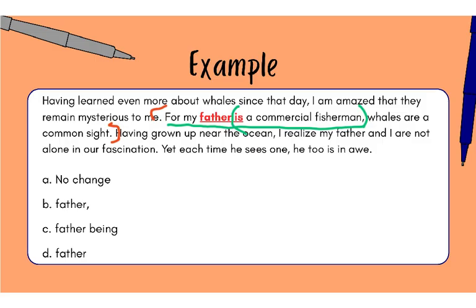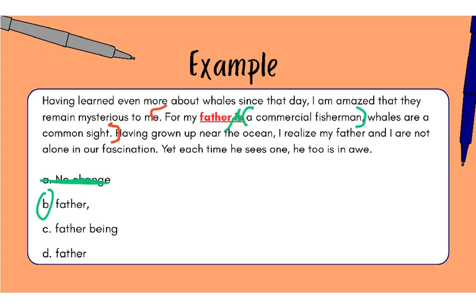It's not making any sense right now because this is not correct. For my father is a commercial fisherman. So right off, we know that we definitely need to make a change. So our first correction could be B. For my father, comma, no "is," a commercial fisherman, whales are a common sight. Now, that only works if "a commercial fisherman" is non-essential information.